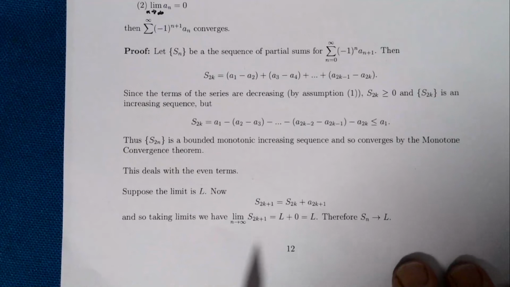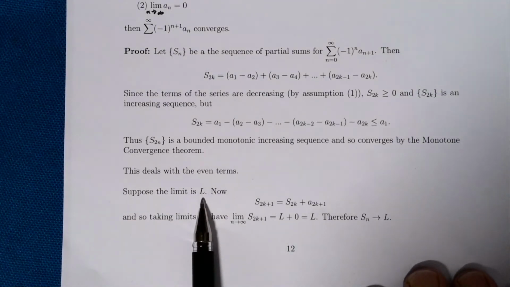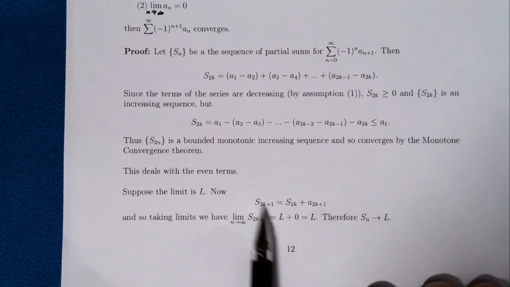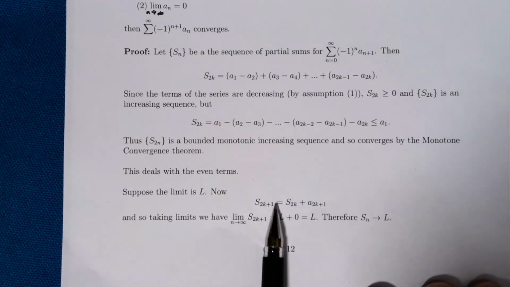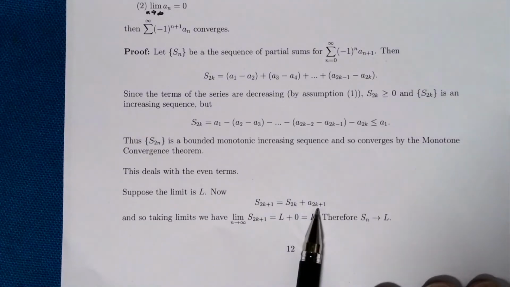Now for the odd terms, suppose the limit that we find for the general term is L. Then I can write the partial sum for the odd terms as the partial sum for the even terms plus this last term.